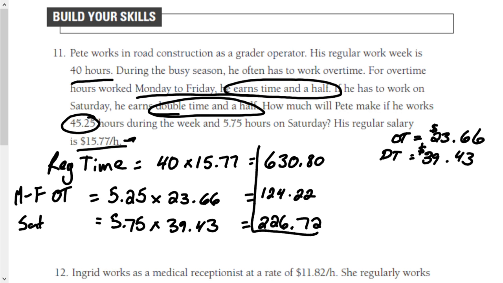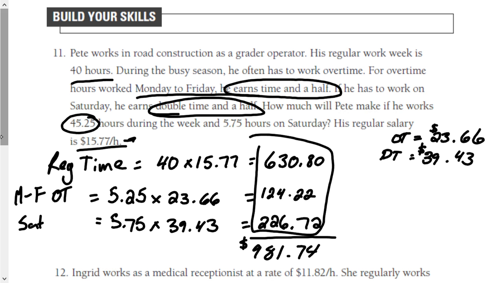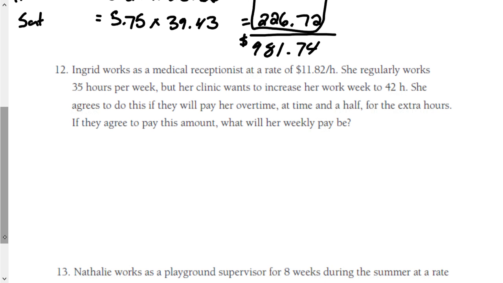We add up these three to give us $981.74 for our total pay. Okay. If you have any questions or want me to go over 12 and 13, just let me know.